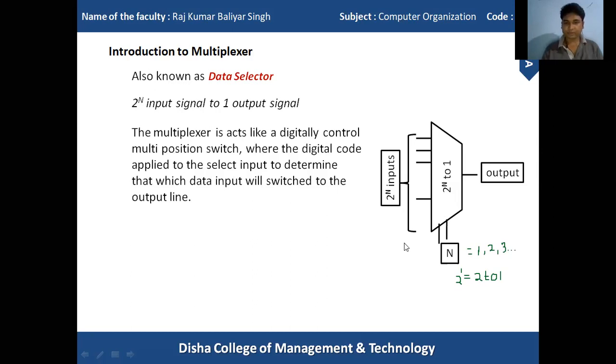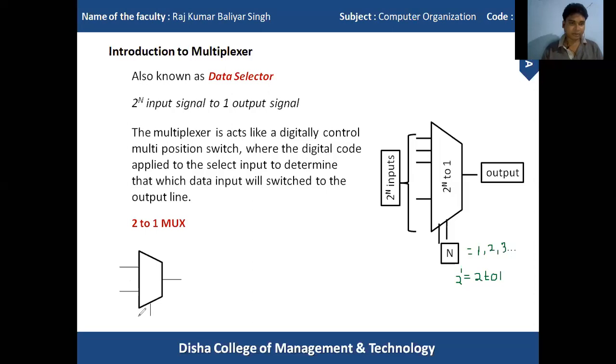Let's consider the 2 to 1 mux. The short form of multiplexer is mux. From this block diagram, we have two input lines, one select line and one output line. Why two input lines? Here 2 to the n is the number of input lines, and n is the number of select lines.